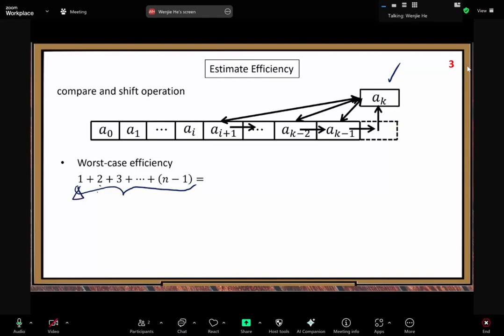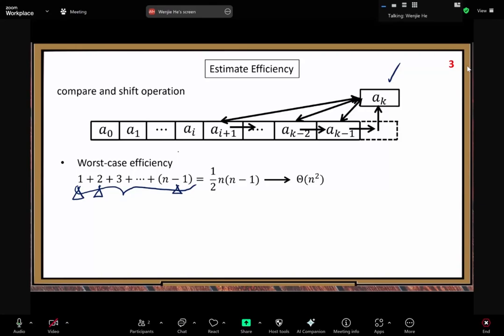The second, you do 2, and so on. The last one, you do n minus 1 comparisons. Here, n is the total number of elements in the array. So you get this formula, 1/2 times n times n minus 1. If we use the asymptotic notation, we can write big theta of n squared. So that is the worst case.